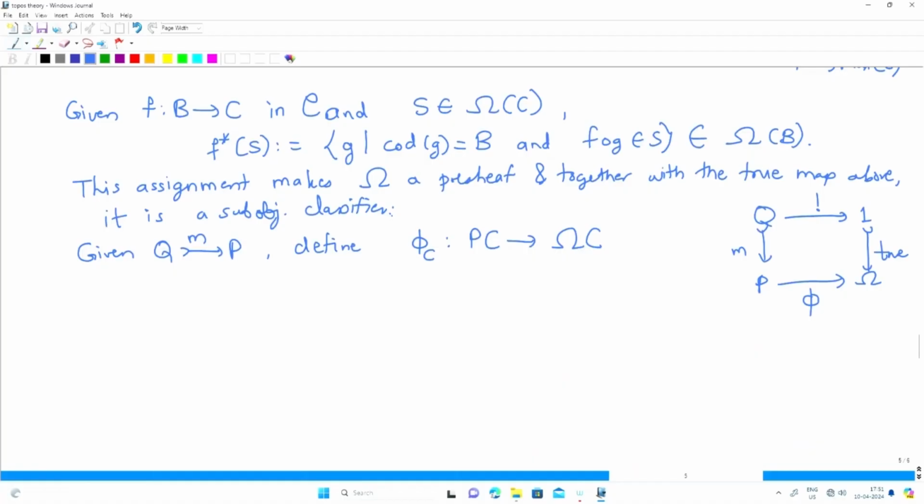I will take an element, it has to be a function, right? So PC is a set. I will take an element X and map it to all those morphisms F from A to C such that PF of X belongs to Q of A.